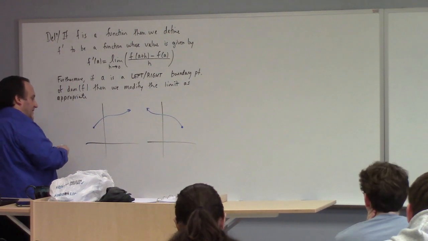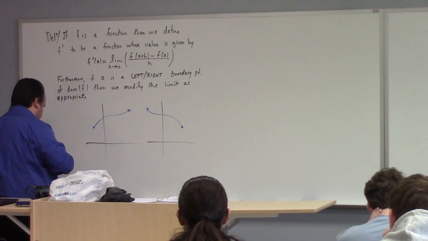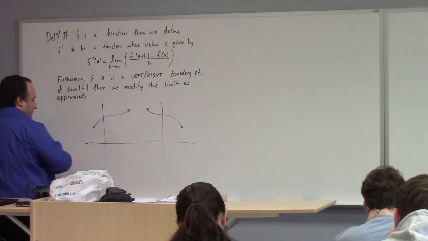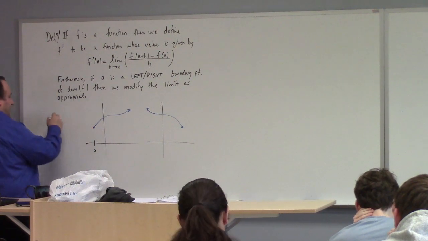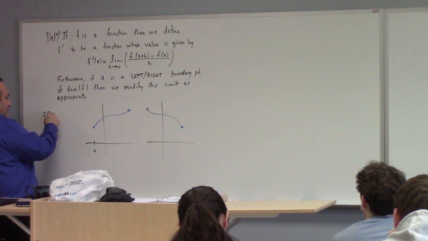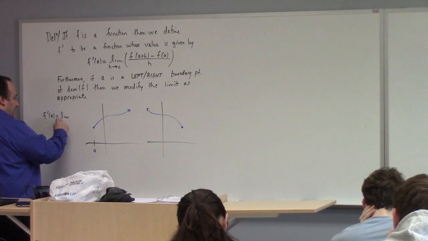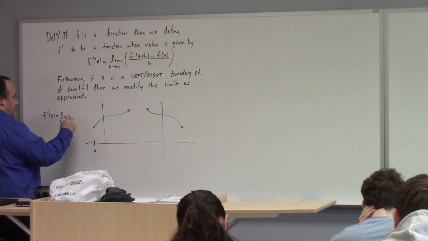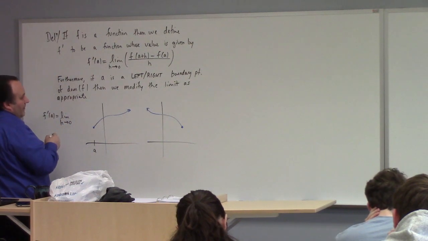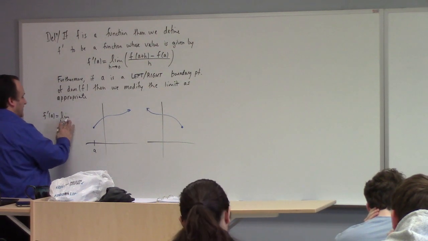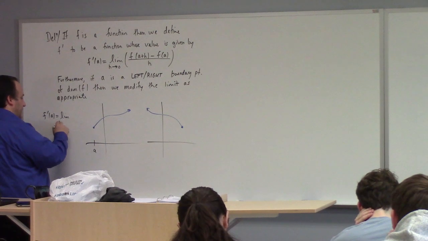And so if that were the case, if we wanted to talk about the derivative right there at such a point as this, then in that case I would define f prime of a as the limit as h goes to 0, all right? Well, I guess maybe I prefer actually here the x goes to a formalism.